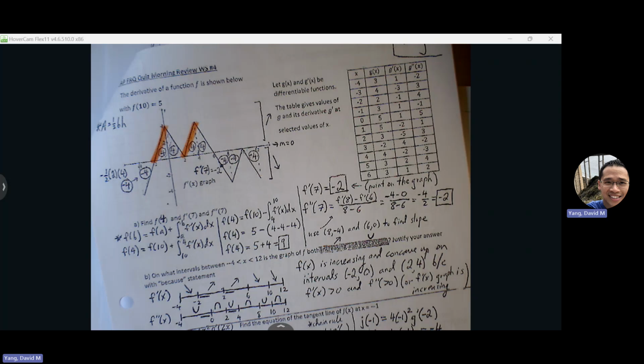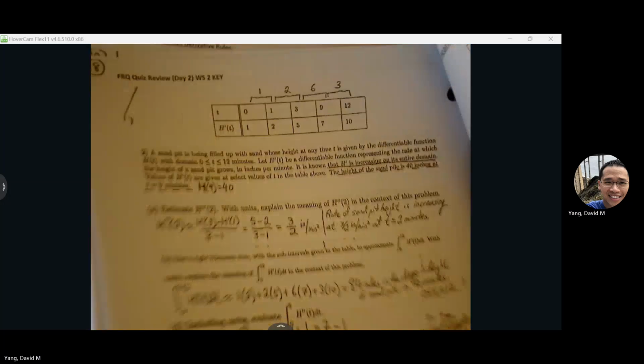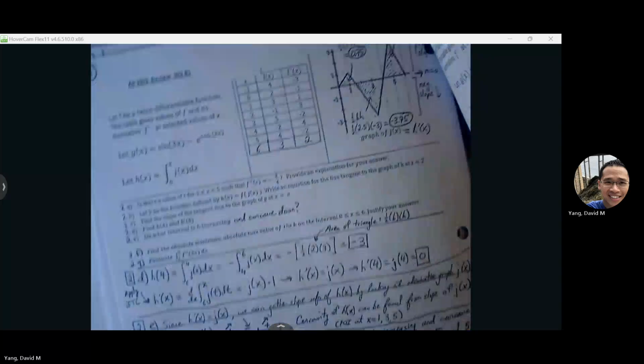Did we solve any problems that had an integral instead of a point on the graph? Like this, instead of having a point, we had an integral like you showed us. Oh, yeah.